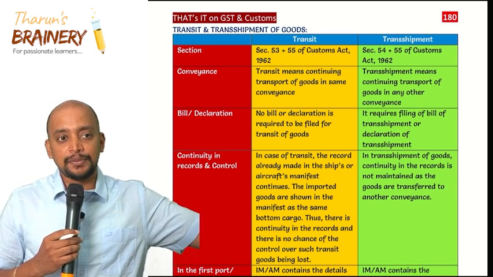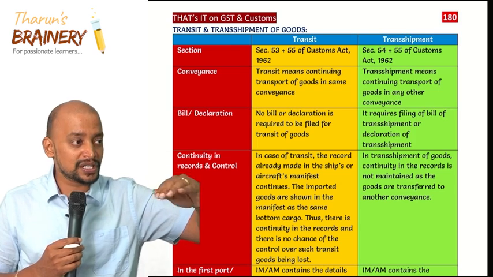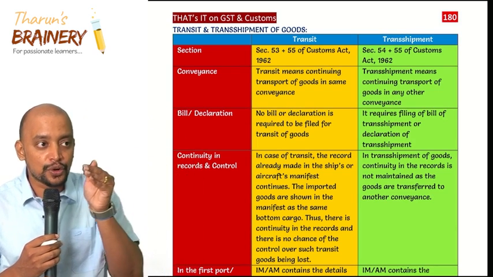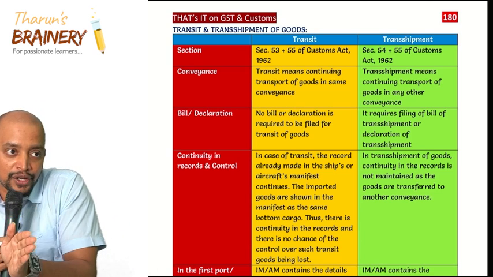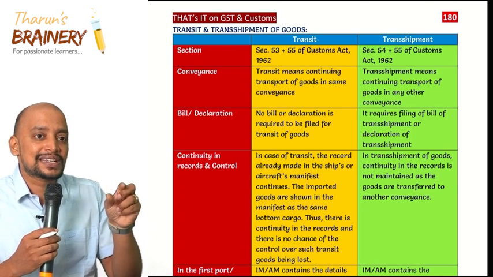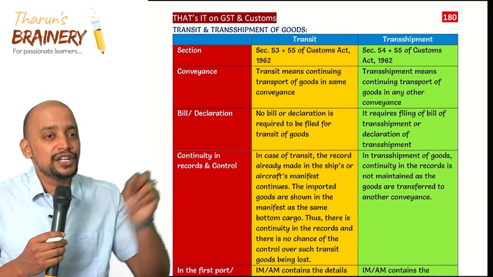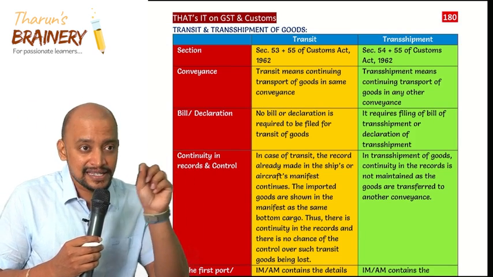So one ship is coming to Surat port in Gujarat, unloads some goods in Surat port. Thereafter the ship comes to Kochi port and unloads the remaining goods. The remaining goods which are taken from the Gujarat port to Kochi port are known as goods in transit.